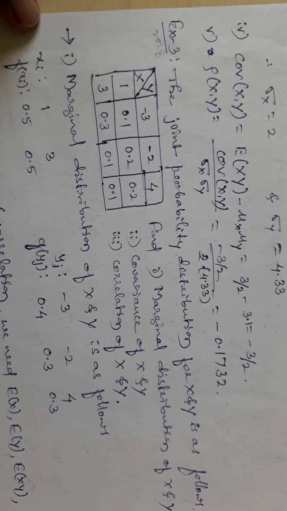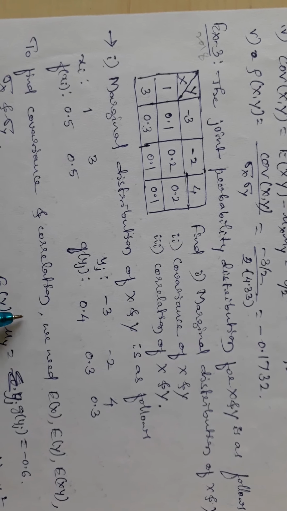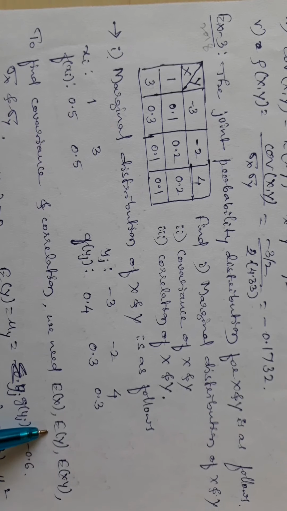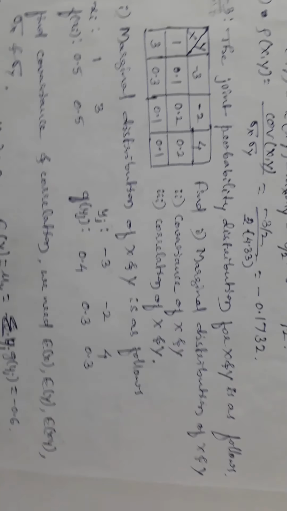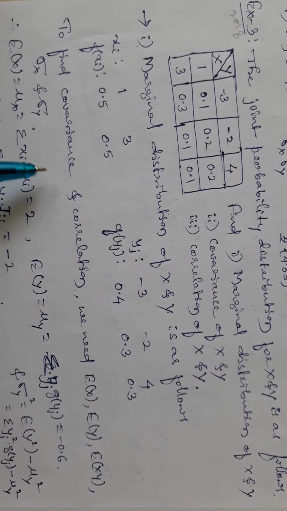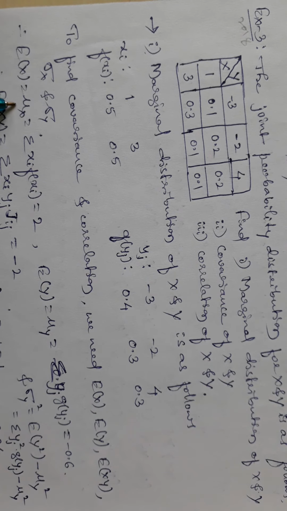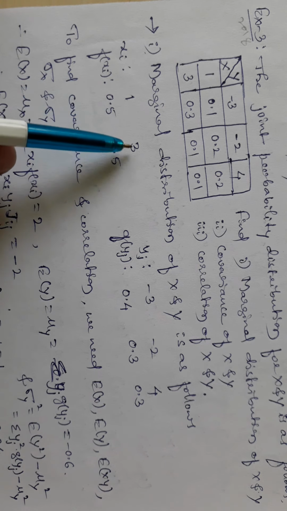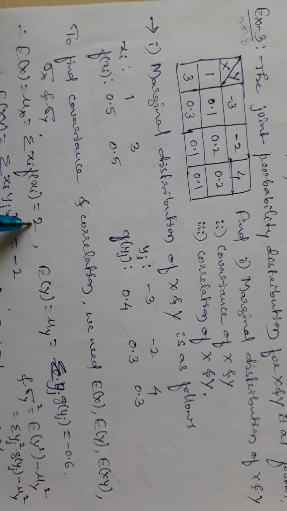Now to find the covariance and correlation we need to find the expectation of x, the expectation of y, the expectation of xy, and sigma x, sigma y. Therefore the expectation of x, that is mu x, is equal to, we have the formula, summation xi into f of xi, that is multiplying x by f of x and adding, we get x1 into f of x1 plus x2 into f of x2, we get 2.